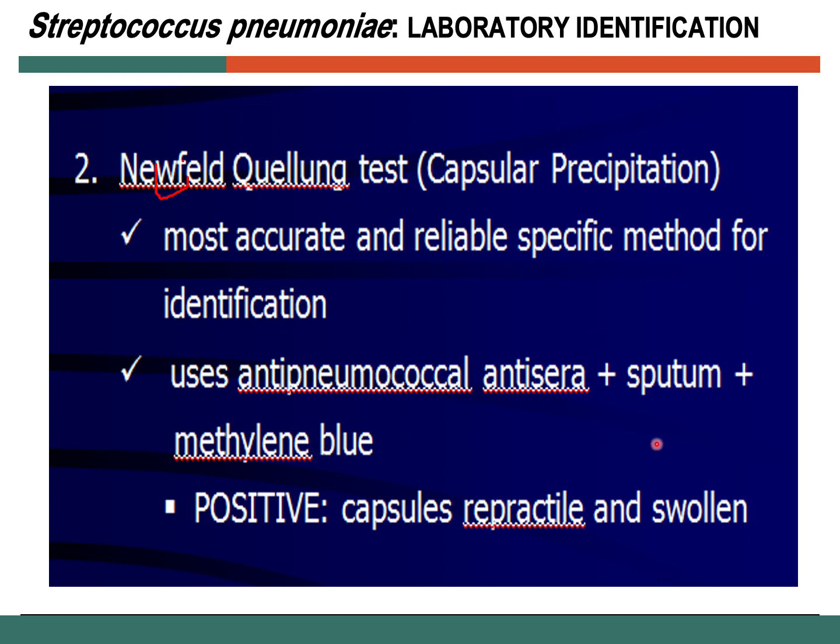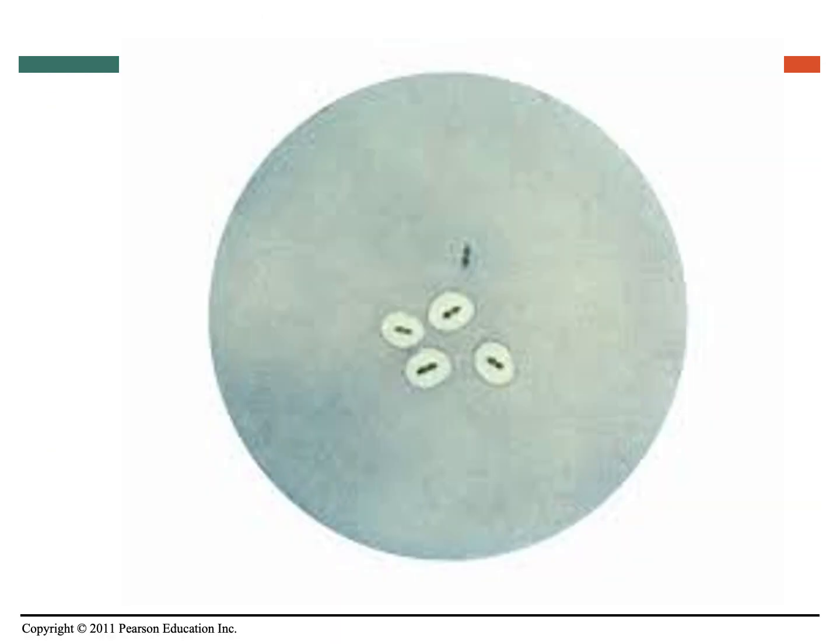The sputum, by the way, should be fresh sputum. Positive result: capsule refractile and swollen. So here is the picture of your Neufeld-Quellung test. The blue color is because of the methylene blue, and there you see swollen capsules.